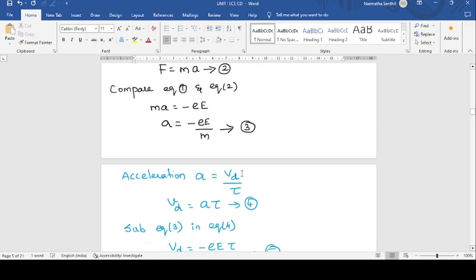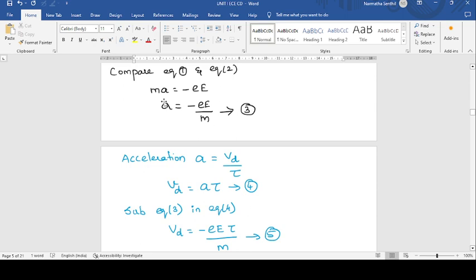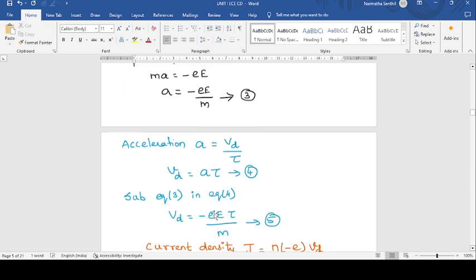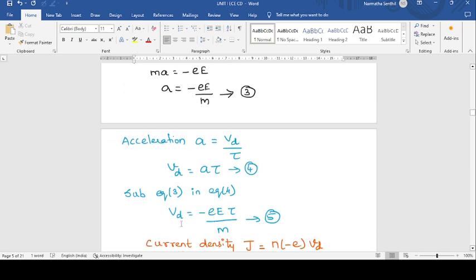So substitute equation 3 in equation 4. Here we know the value of a: a is equal to minus eE by m. In equation 4, instead of a, we substitute the value minus eE by m. So we get an equation for drift velocity, that is Vd is equal to minus eE tau by m.